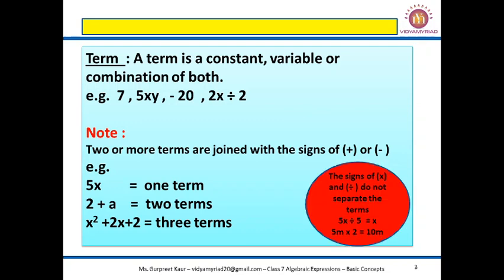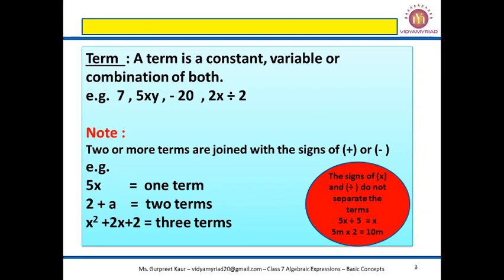Now remember children, the sign, especially if you are using multiply or division, does not separate the terms. For example, if I have 5x divided by 5, so 5 and 5 will get cancelled, you are left with only x, that is only one term.